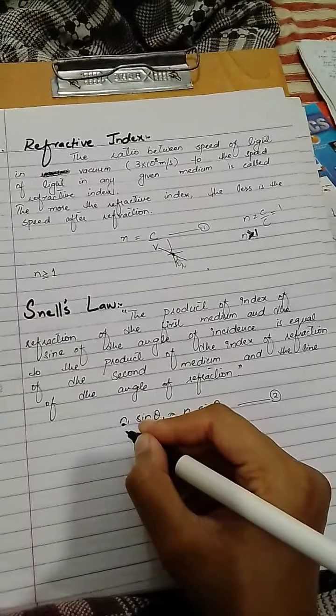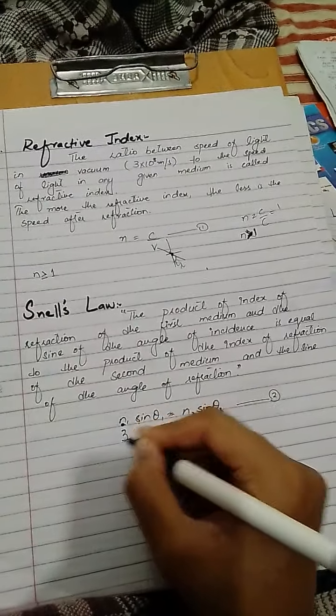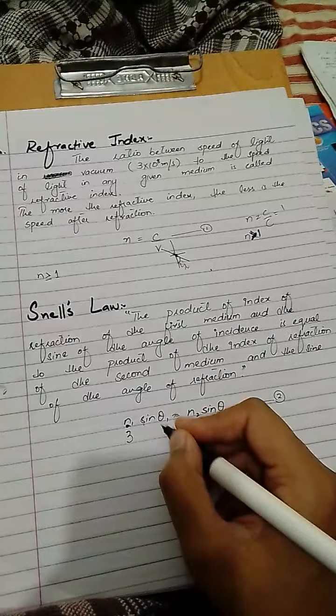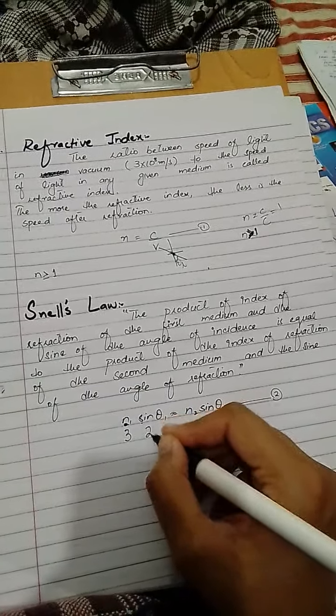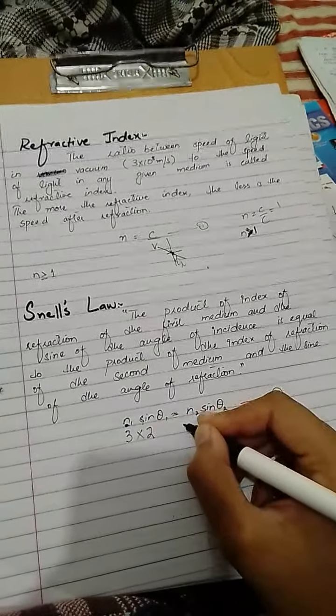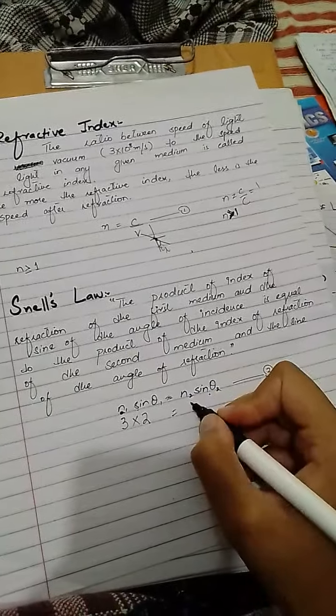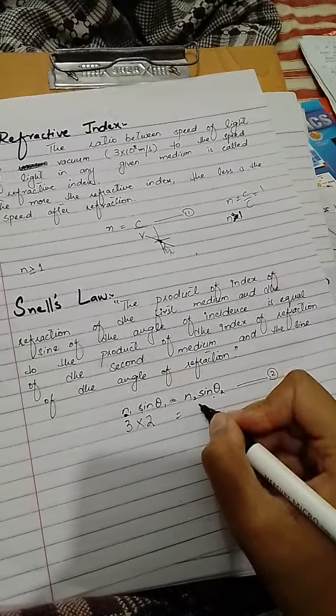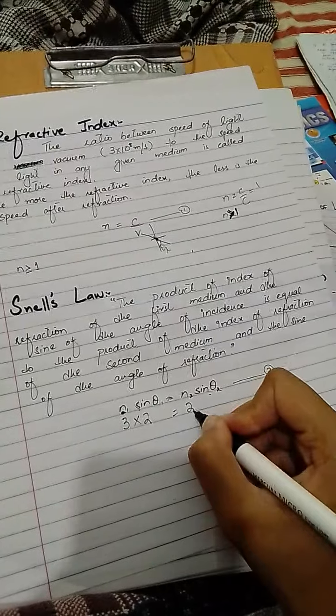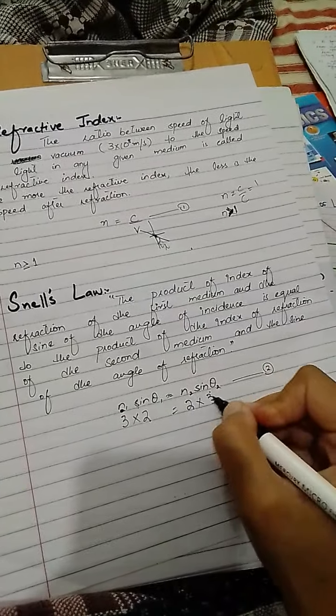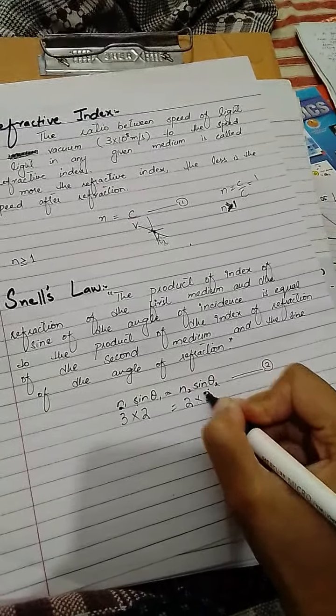Let's suppose the refractive index value is 3 and sine theta 1 equals 2. Then what would happen? It becomes 2 into 3.